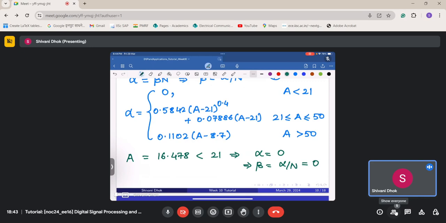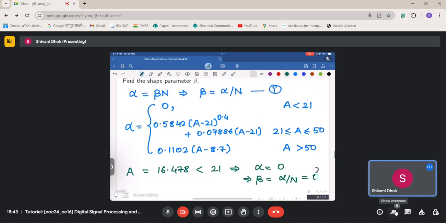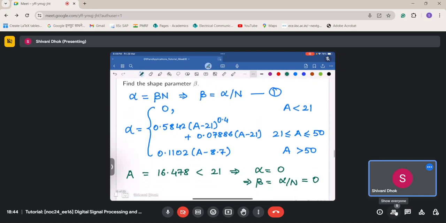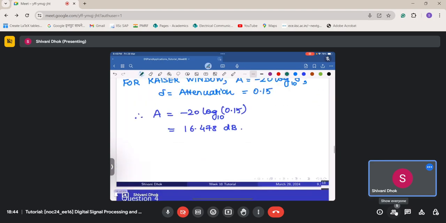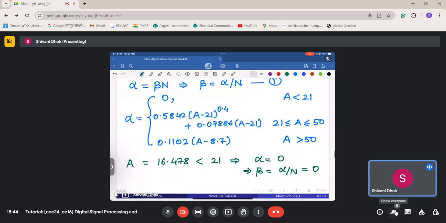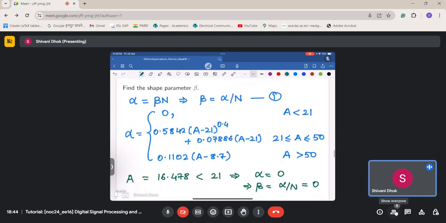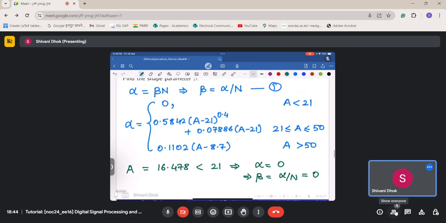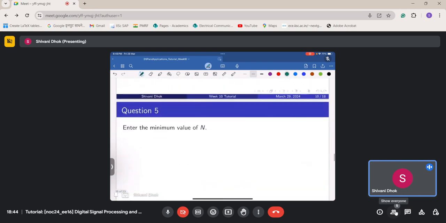So now we have the value of beta, which is the shape parameter. So now we have A, we have alpha or rather beta, and the only thing that we need to figure out is the value of n, which is related to the order of the filter.